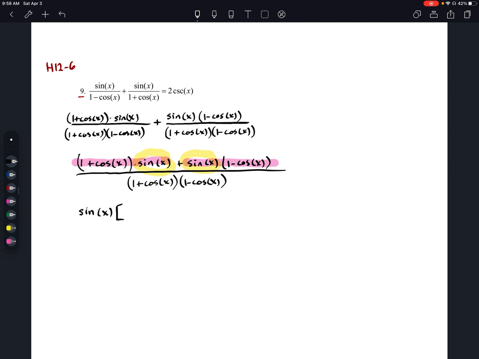Let's see what we would have left over. We would have this part left over plus this part. So that would be a 1 plus the cosine of x plus a 1 minus the cosine of x.